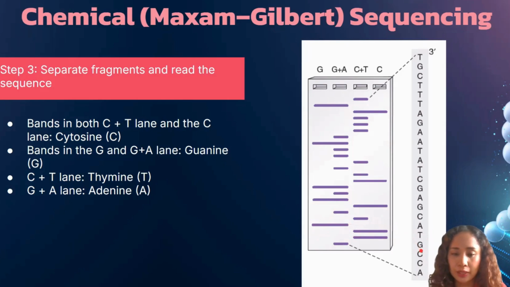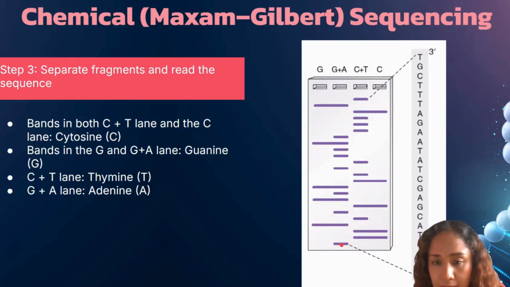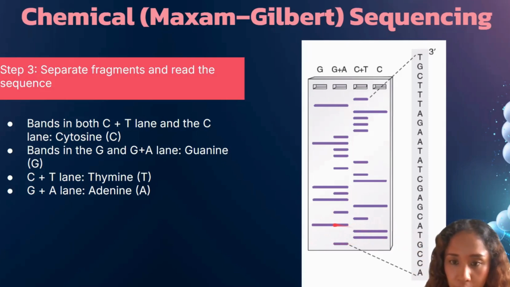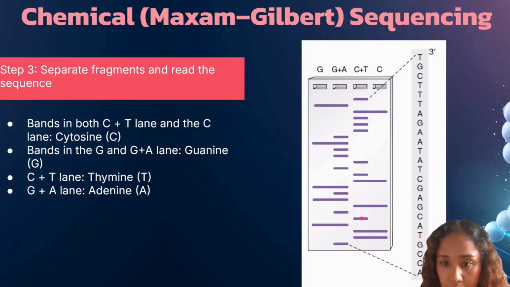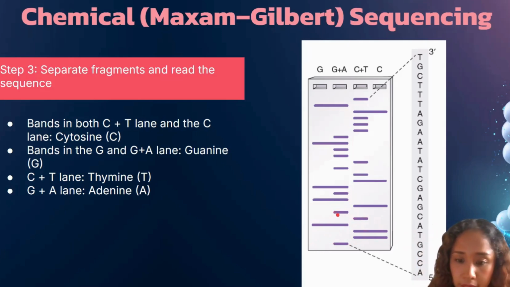So this is adenine. This is cytosine. This is cytosine. This is guanine. This is thymine. This is adenine. Okay? Tama naman. ACCGTA. So, ganun. They manually read it.